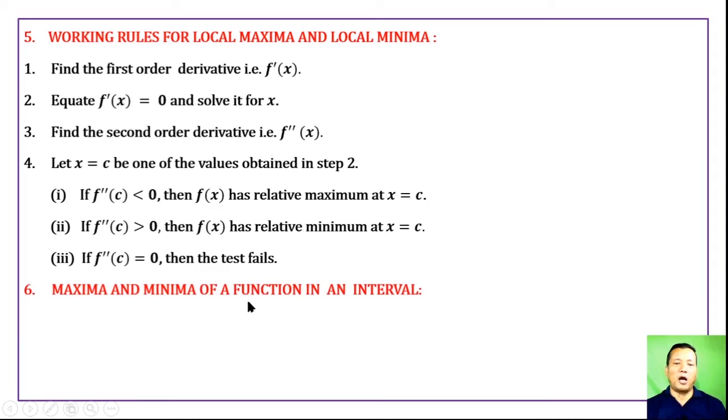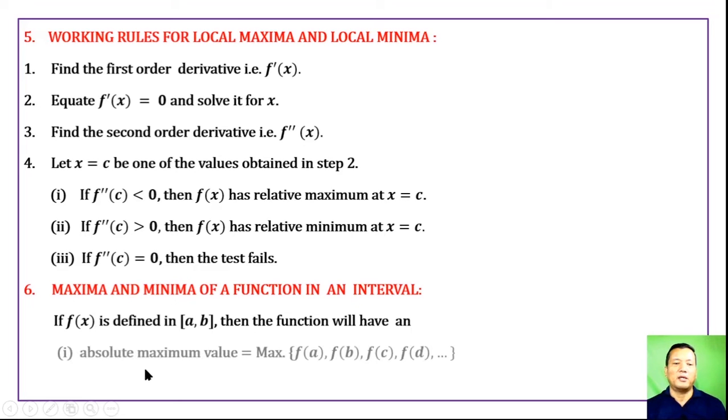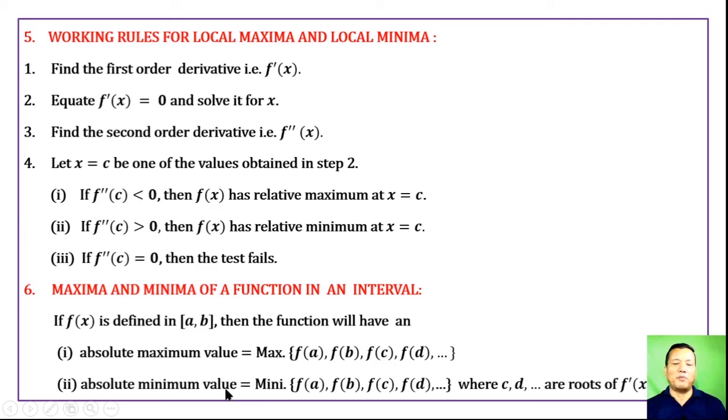Maxima and minima of a function in an interval. If f of x is defined in a closed interval [a, b], then the function will have an absolute maximum value, the maximum of f of a, f of b, f of c, f of d, and so on, and an absolute minimum value, the minimum of f of a, f of b, f of c, f of d, and so on, where c, d are roots of f dash x equal to 0.